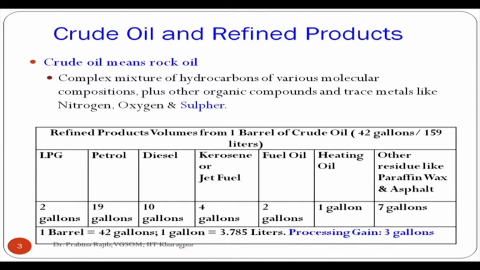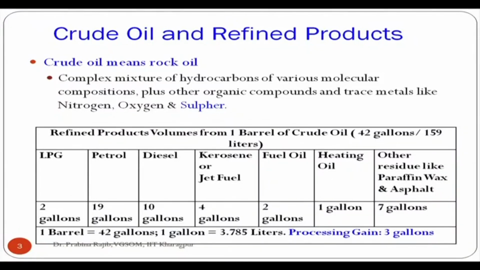I don't know whether you were aware of it, but the kerosene which we have seen being sold in the public distribution system all over India is also used as aviation turbine fuel, ATF, though of course not the same quality; a finer and more superior quality of kerosene is used by airline companies as ATF. So kerosene or jet fuel is 4 gallons. Fuel oil is 2 gallons, heating oil is 1 gallon, and finally other residue like paraffin wax, etc., is 7 gallons.